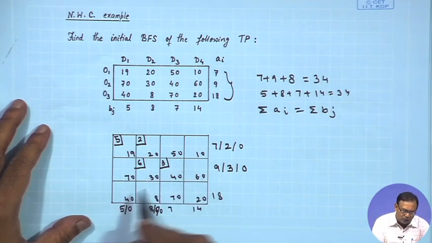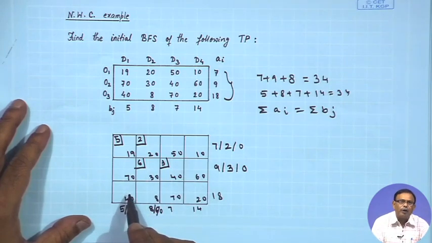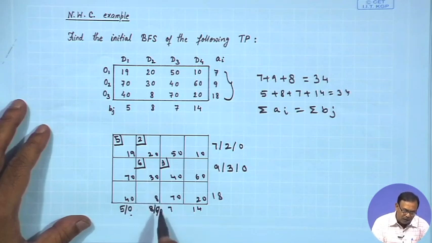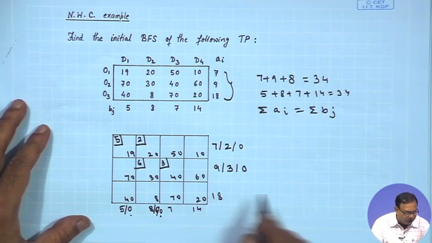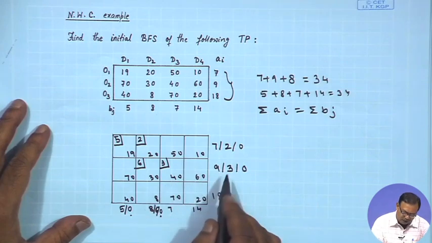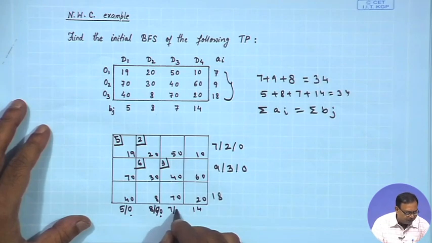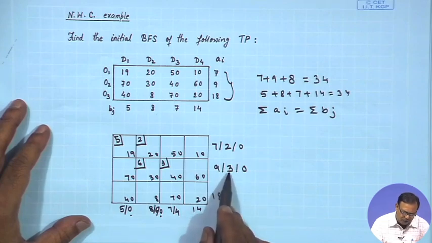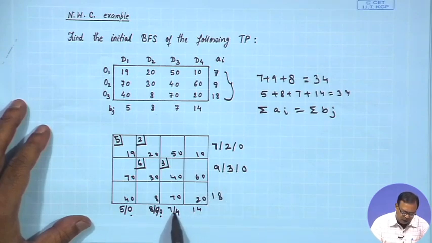Now, come to the next row. For this one you have already met the demand, because this is 0. For this element you have made it 0. Here it was 7, and whenever I gave this, it became 4.